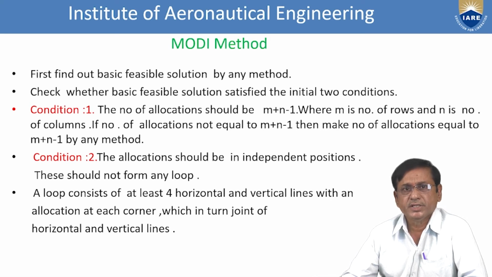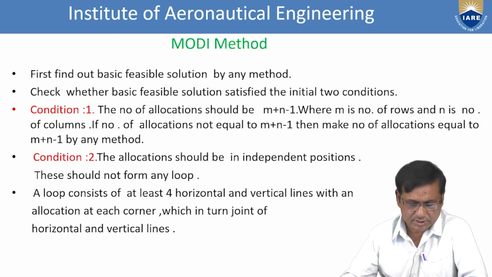The second condition is the allocations must be in independent position. That means these allocations should not form any loop. A loop means it consists of at least 4 horizontal and vertical lines with an allocation at each corner. In turn, it is a joint of horizontal and vertical line.